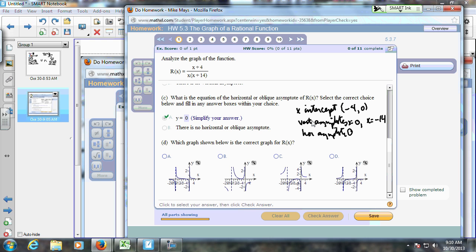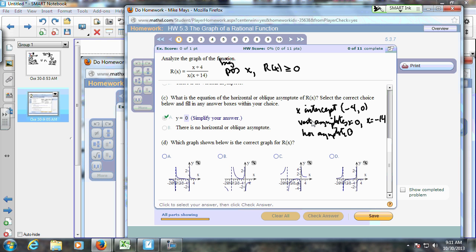Another thing that I might notice is that for big positive x, r of x is positive. Plugging in a number for x and doing the arithmetic, a positive number for x divided by, for the numerator, divided by a positive number for the denominator makes the answer positive.